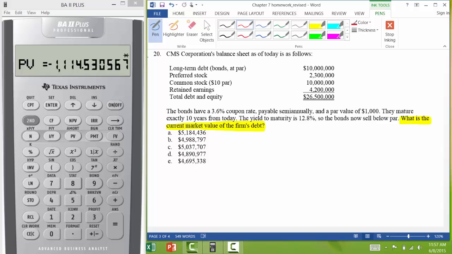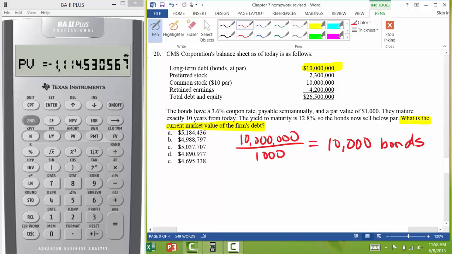Let's see. Well, we're going to assume that the information here, the long-term bonds at par, if it's $10 million of par value bonds divided by 1,000, if 1,000 is the par value, then I'd have 10,000 bonds.